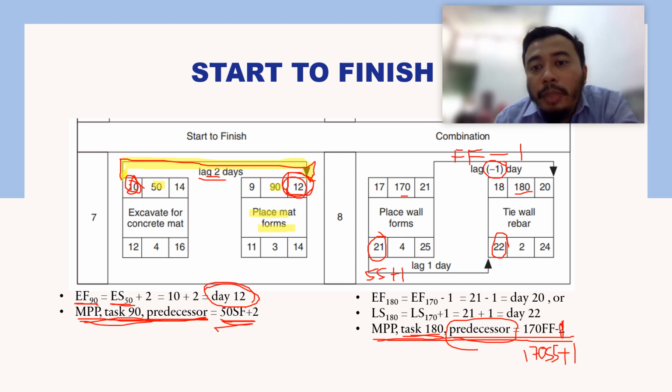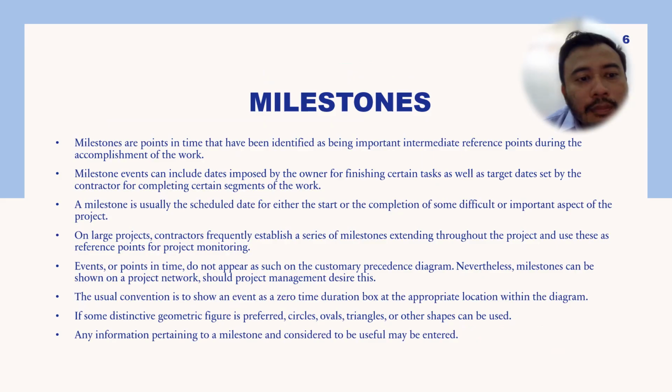So it depends on your planning, how the job logic defines the work, so that not only the planner can understand the program or the CPM, but also the executioner, the operation team. Okay, that will be all on the relationship.